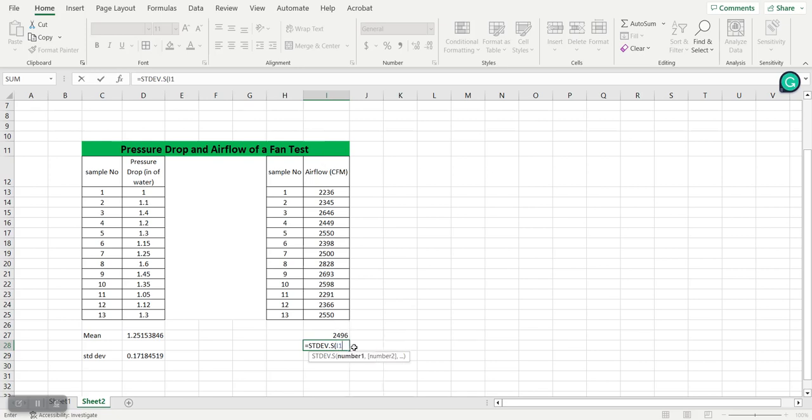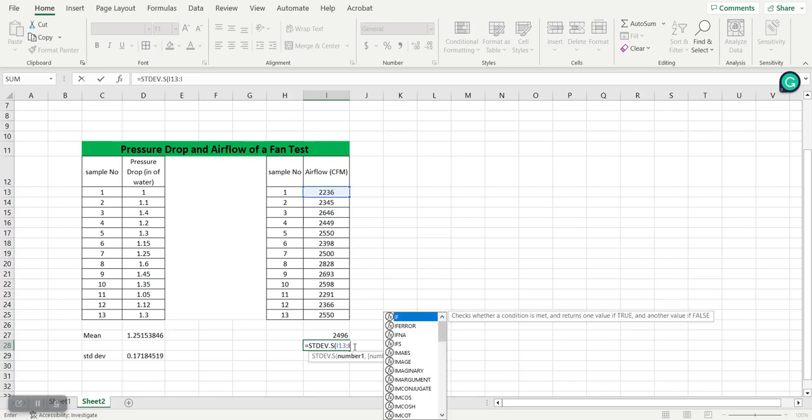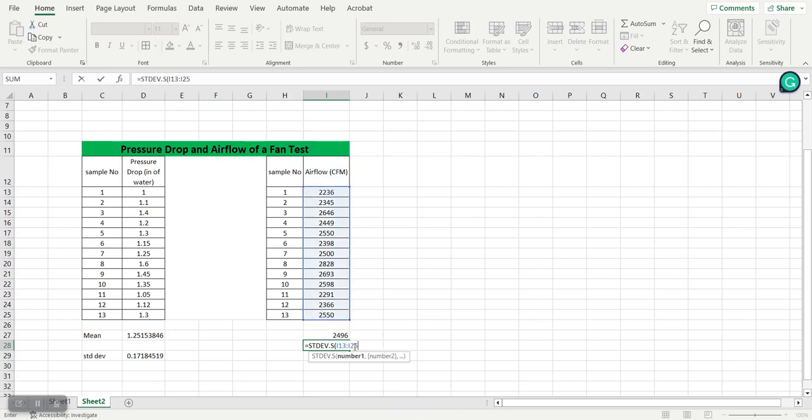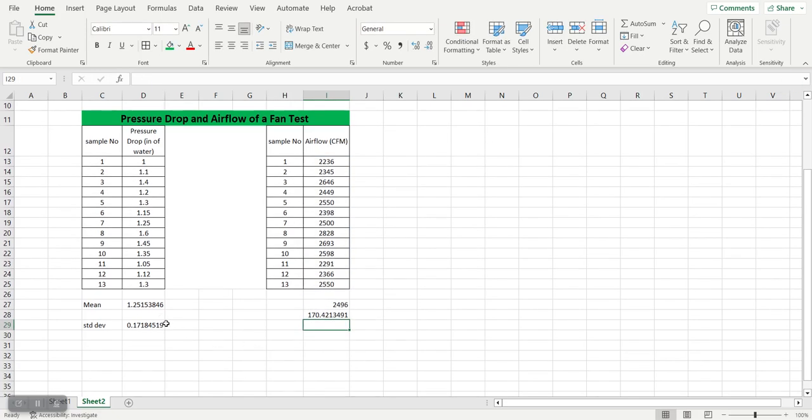So start with I13, then colon, then write the last cell number, which is I25 here. So you see it has taken all the input in this range. Okay, so just hit enter. Okay, so we have got the standard deviation for pressure drop and airflow.